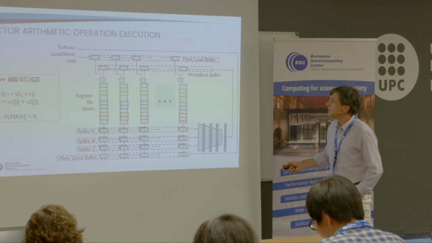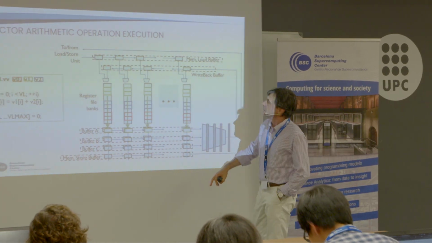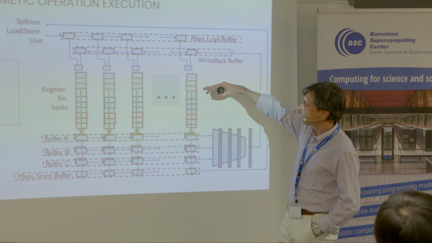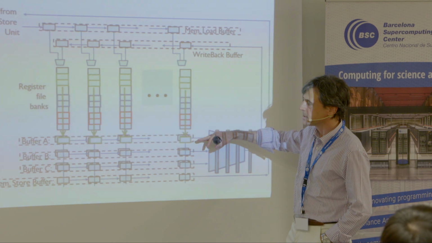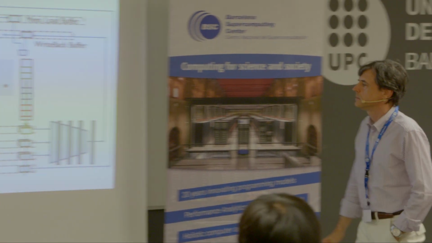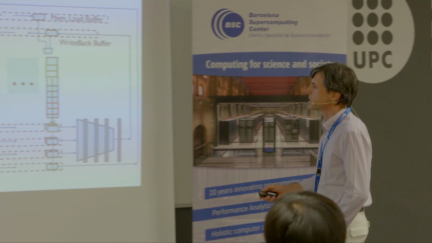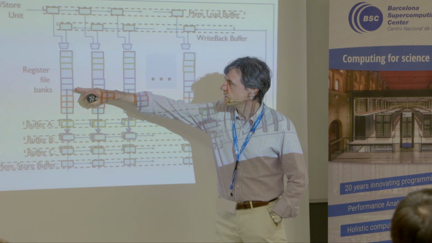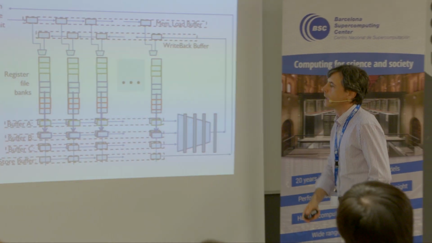We start by reading n elements of the green vector in a single cycle on the buffer A. This is a single cycle access. And in the next clock cycle, we read n elements of the other vector, the blue one.